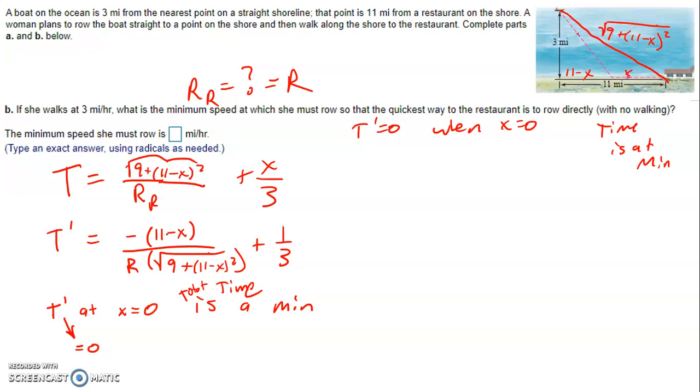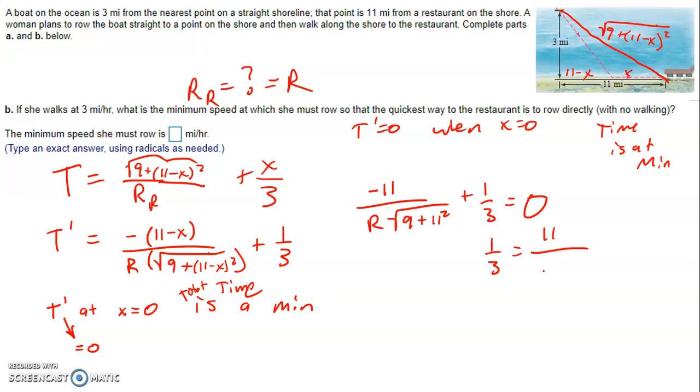So we're going to say when x is 0, negative 11 over r times the square root of 9 plus 11 squared plus 1/3 is equal to 0. The derivative is equal to 0. So 1/3 equals 11 over r times the square root of 9 plus 11 squared.